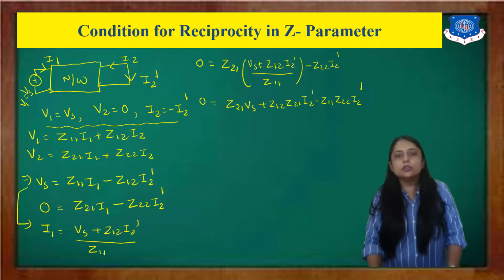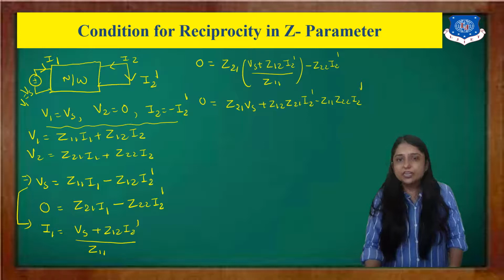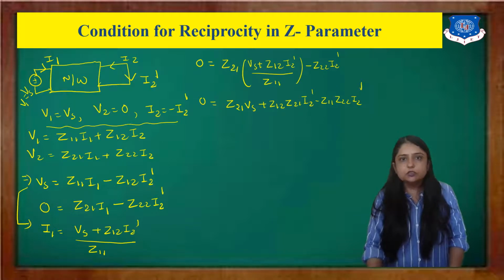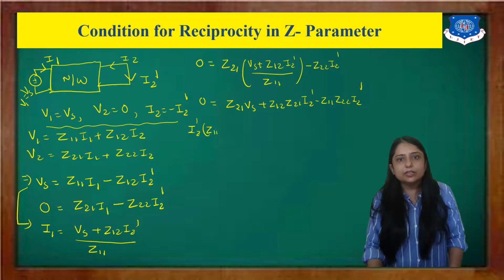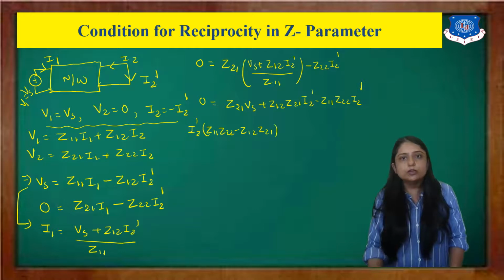Here you can take I2 dash common. I'll send all the terms to the other side, and taking I2 dash common, I get Z11 Z22 minus Z12 Z21, equal to Z21 into Vs.